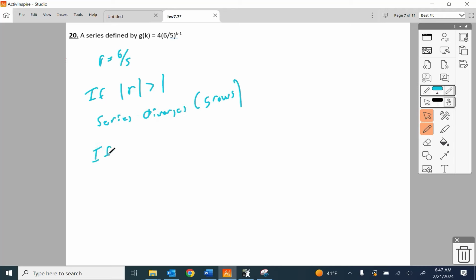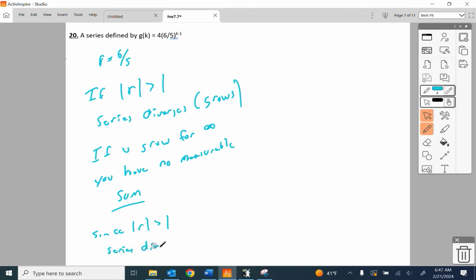And if you grow for infinity, you have no measurable sum. So since the absolute value of r is greater than 1, the series diverges. Hence, no measurable sum.